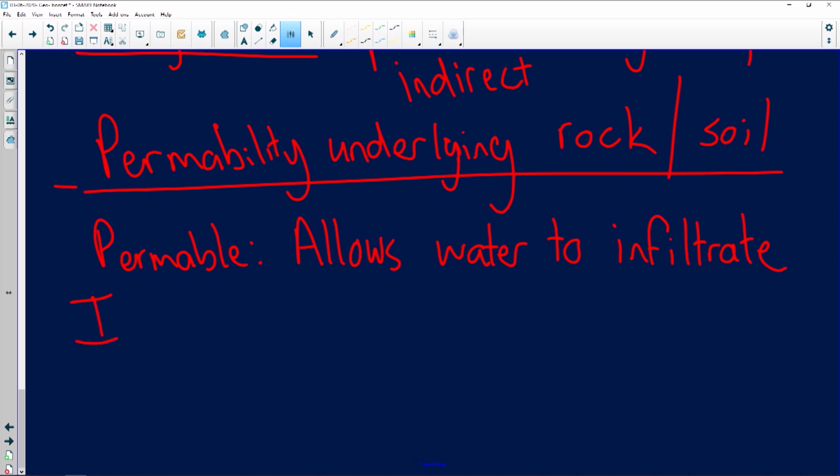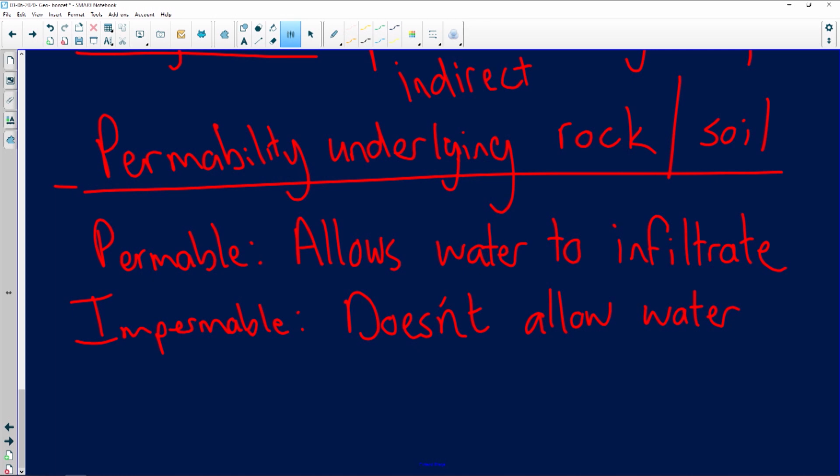Impermeable doesn't allow water to infiltrate. Okay, so one of them allows water to infiltrate and the other one doesn't.